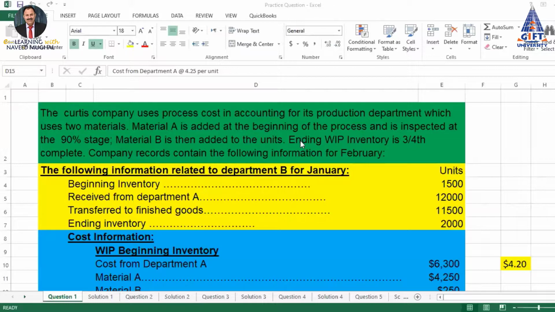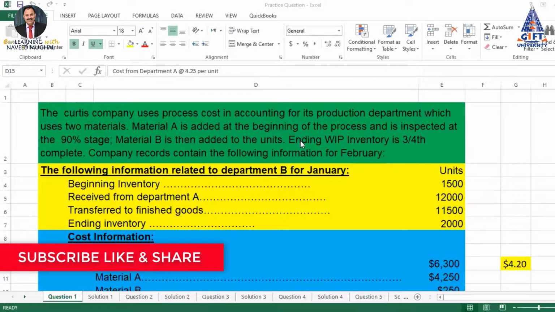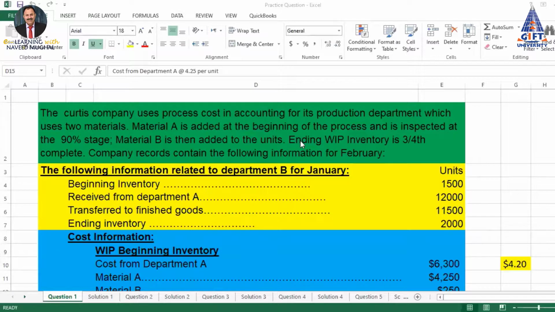As we have discussed how the weighted average method works, you can see my videos on the weighted average method with respect to equivalent units and preparation of the cost of production report. I have already shared those videos. You can consult all those videos for a complete or detailed understanding.